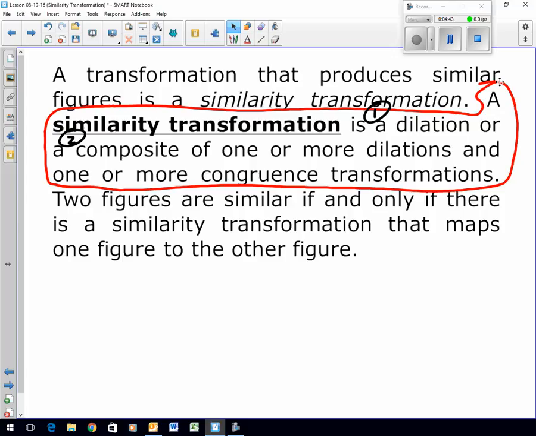All right, so true or false? A dilation in and of itself is a similarity transformation. Yes, sir. True or false? A dilation and a reflection is a similarity transformation.